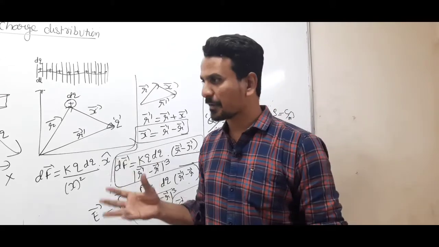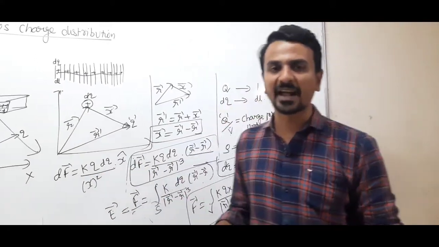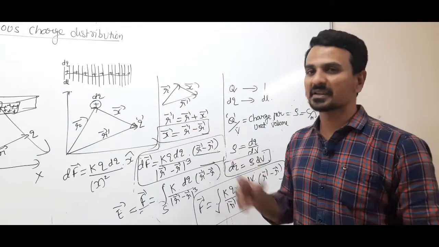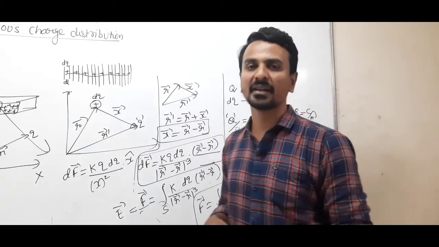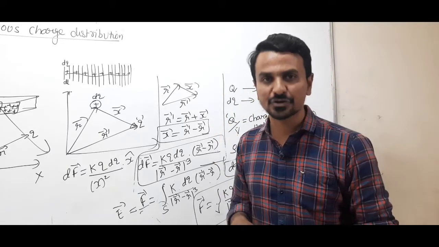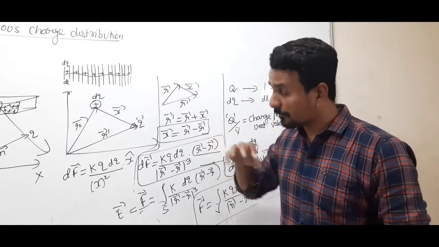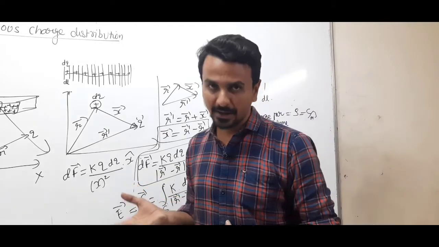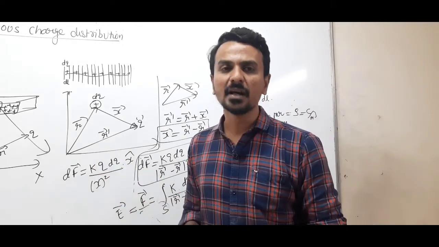So students, this is how we will calculate the force or electric field because of continuous charge distribution. Fine. So now in the next video, we will be solving questions based on continuous charge distribution and how we obtain the answer by integrating. Clear? This is what we will be seeing in the next video. Thank you.